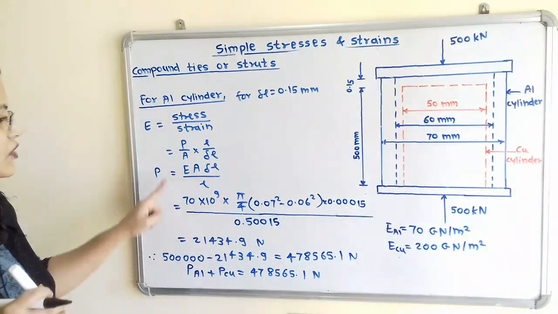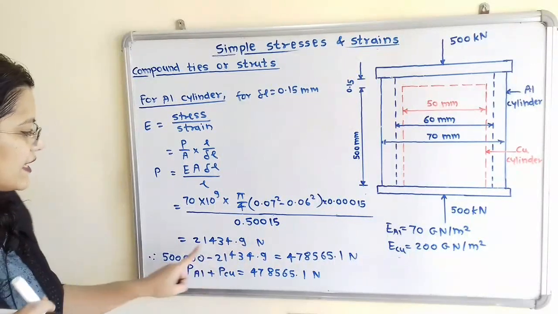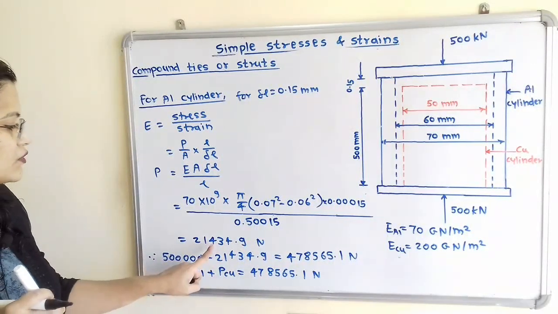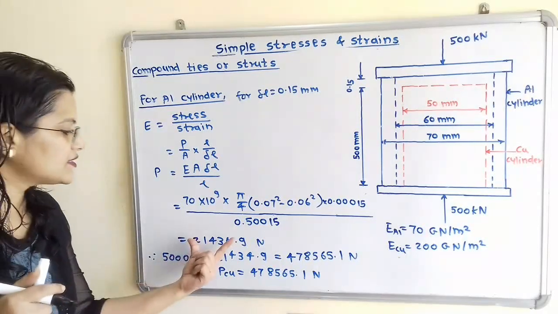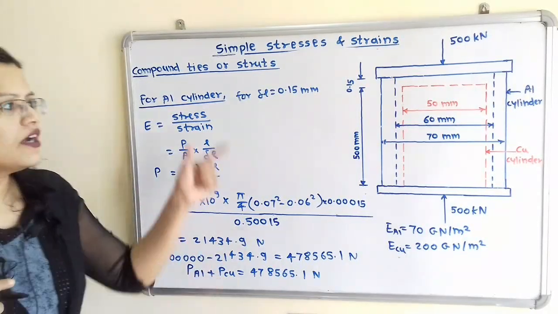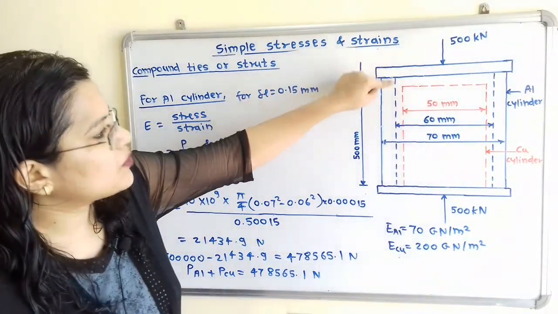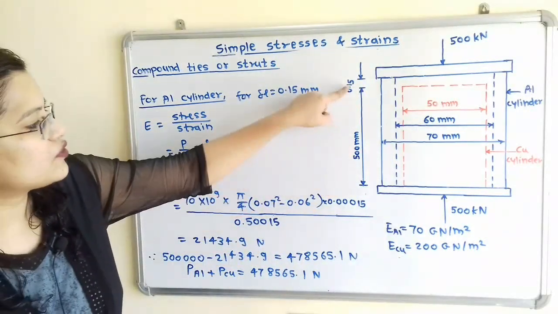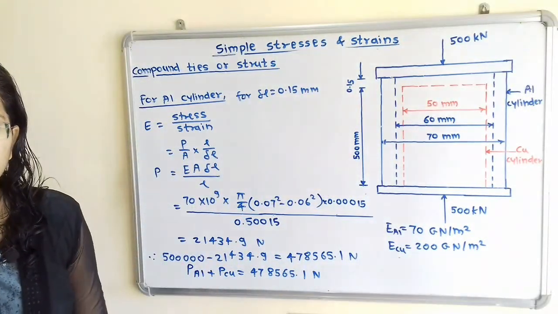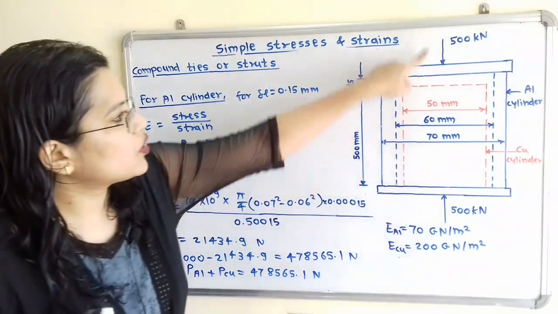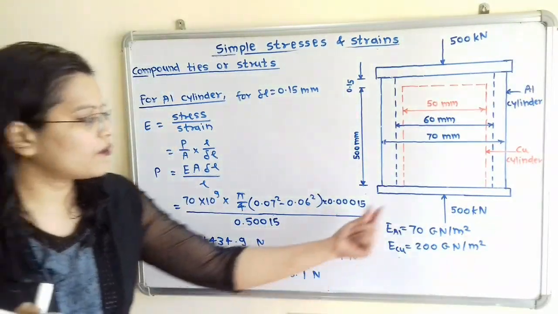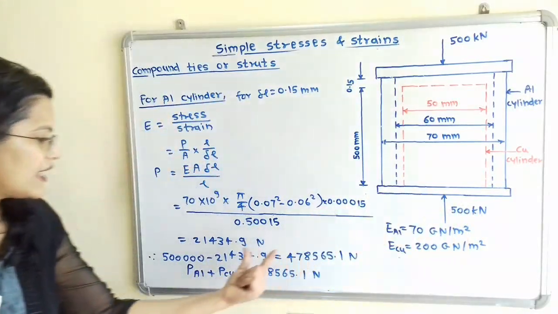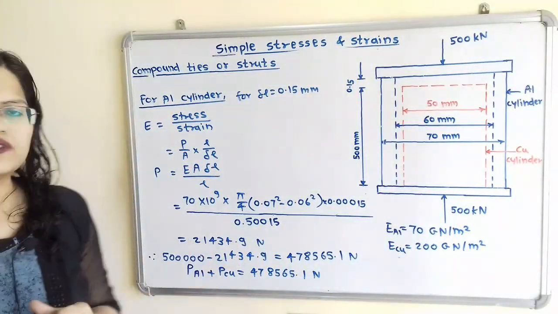Now we will calculate this. When we calculate, we get the answer 21,434.9 newton. This is the load required to compress the aluminum cylinder up to a length of 500 mm. The total load given is 500 kilonewton, so from this 500 kilonewton we subtract this load in newton.